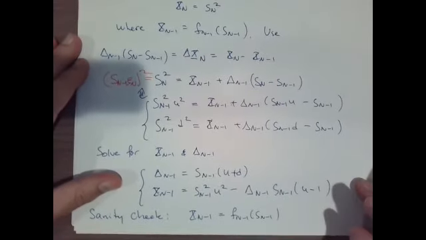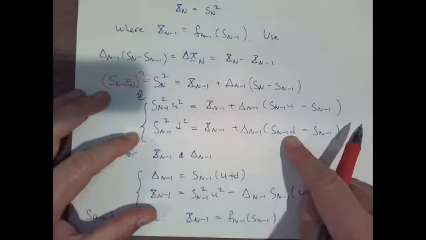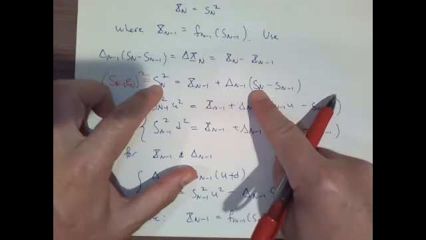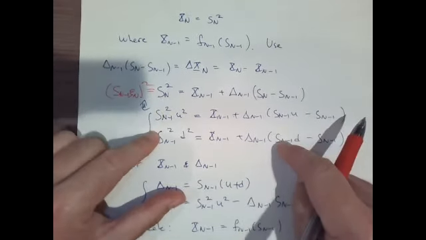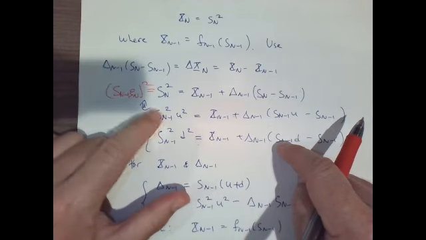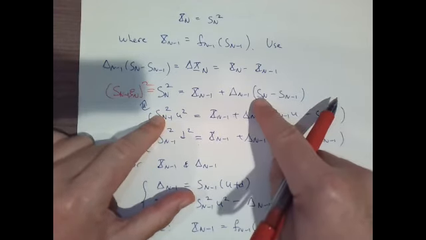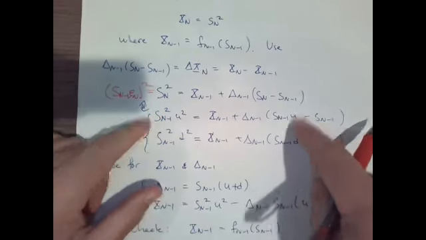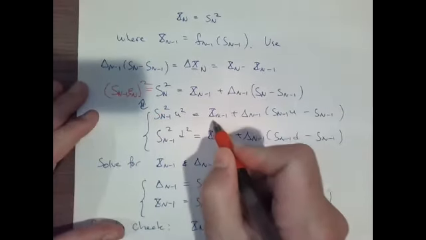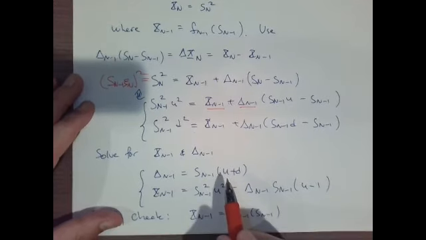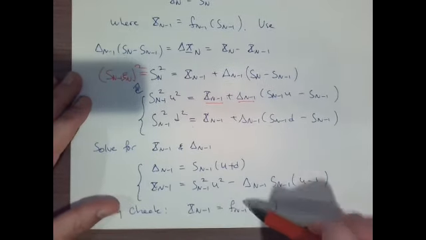Yeah, so this Sn, you have it here and you have it here, so you need to do it on both of them. You cannot just put in Sn minus 1 on the left-hand side. You also need to substitute out what Sn is on the right-hand side. So you get these 2 equations, and the 2 unknowns will be the wealth and the portfolio, how many stocks you hold. So you have 2 equations and 2 unknowns, you solve them.